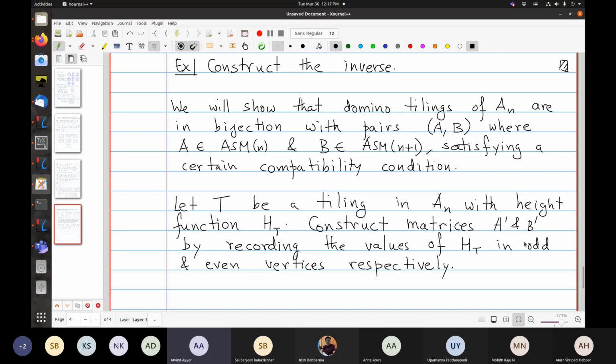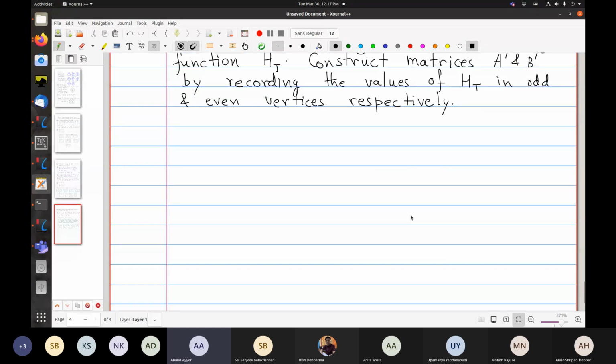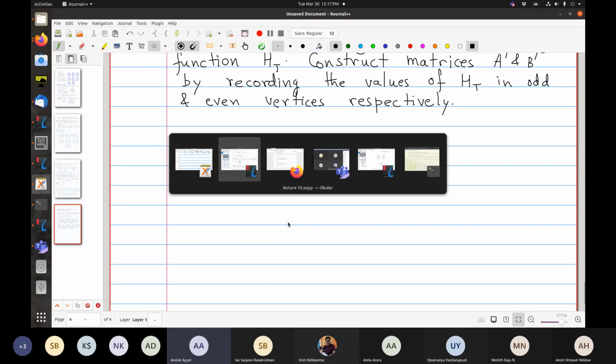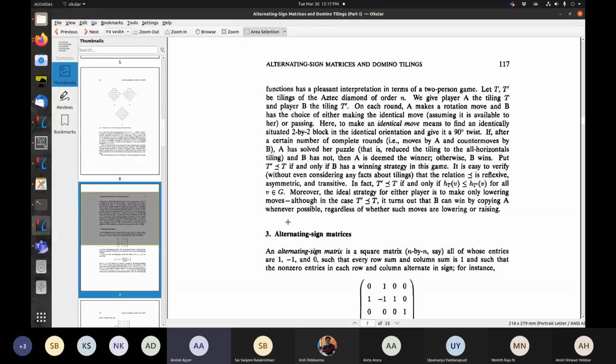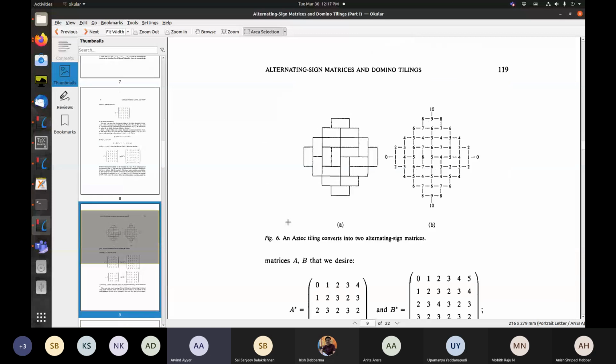Remember that we had a definition for when a vertex in A_n is odd and when it's even. This is not necessarily the same as the natural parity.